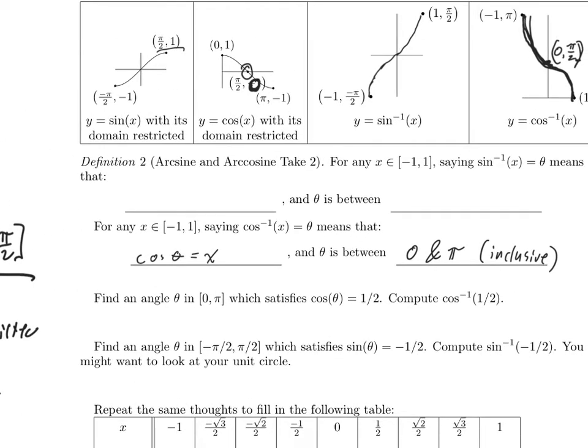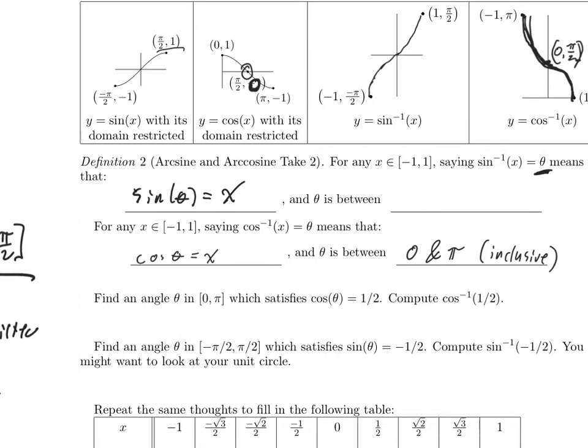Similarly, if someone says that x is in the interval from -1 to 1, and that the inverse sine of x is equal to theta, what they are saying is that the sine of theta is equal to x, and that this angle theta is in the range of inverse sine. What's the range of inverse sine?